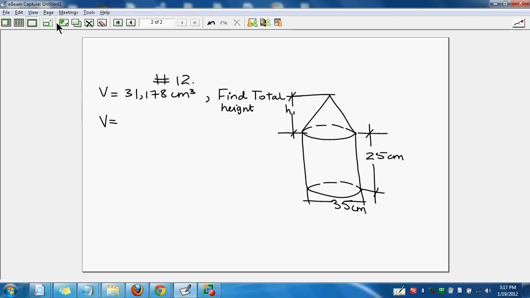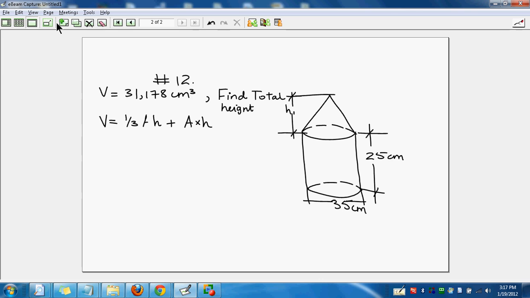Now the volume of the cone, we know, will be a third multiplied by the area of the base multiplied by the height. And the volume of the cylinder will be the cross-sectional area of this circle here, of the cylinder, times the perpendicular height. So that's how you would find the total volume.